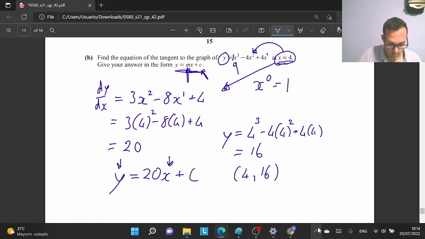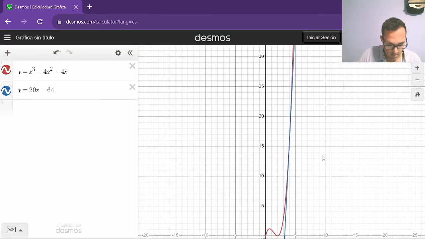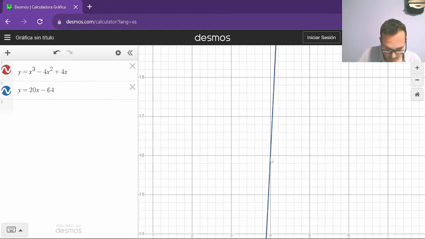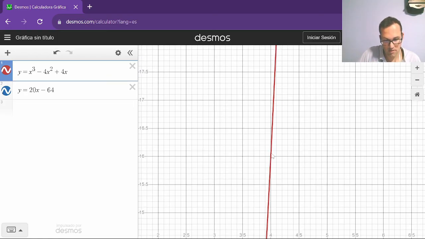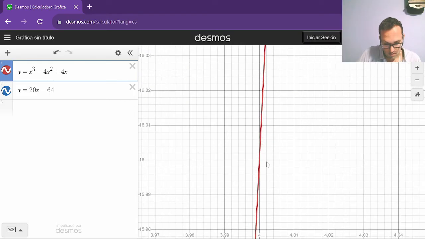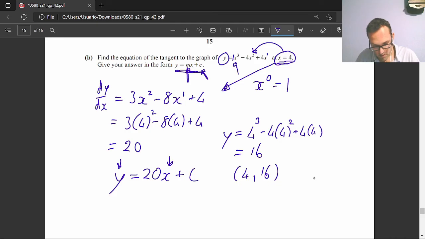If you look at the graph again, if we zoom, there at 16 and 4, that is the exact point where it touches our graph, even though it's hard to see. Maybe if I zoom in forever, we will be able to see that clearer. But let's get back here. We now have an x and a y value, and we can put it into that equation.